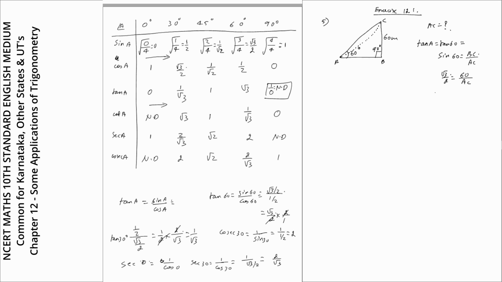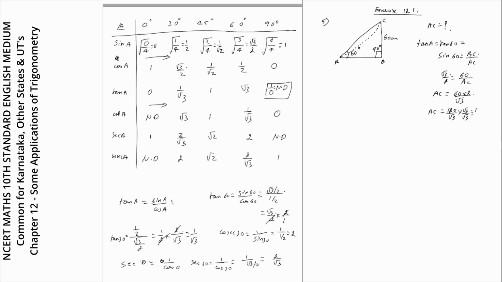So if I cross multiply, I'll get AC is equal to 60 into 2 by root 3. So this is 120 by root 3. Now the denominator is an irrational number, so I'll multiply by root 3 to make it a rational number.